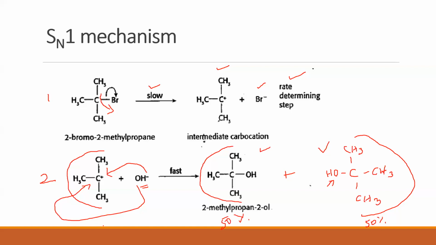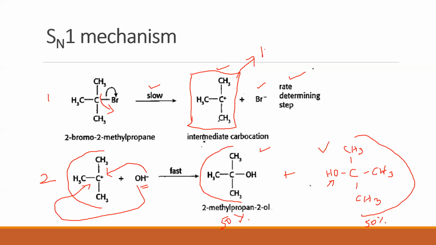We said that the attack of the nucleophile can either be from the front side or it can be from the back side. This happens because, observe, the carbocation that is formed in the first step is planar in nature.